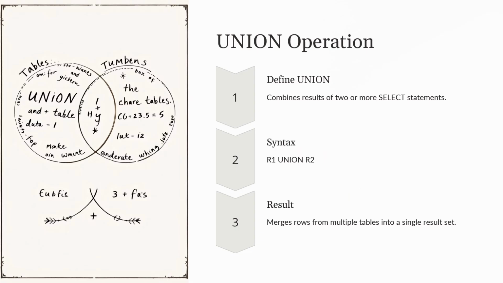So let's talk about what a union is. Union combines results from multiple select statements and removes duplicates by default. For the syntax, each select must have the same number of columns and matching data types. The result of union will remove duplicates. If you want to keep the duplicates, then you can use union all.